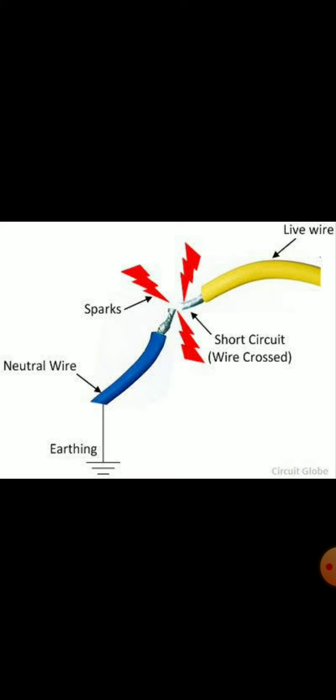Do not be confused. So, when can overloading occur? Overloading can occur when the live wire and the neutral wire come into direct contact. And when can this occur? It happens when the insulation of the wire is damaged or there is a fault in the appliance.